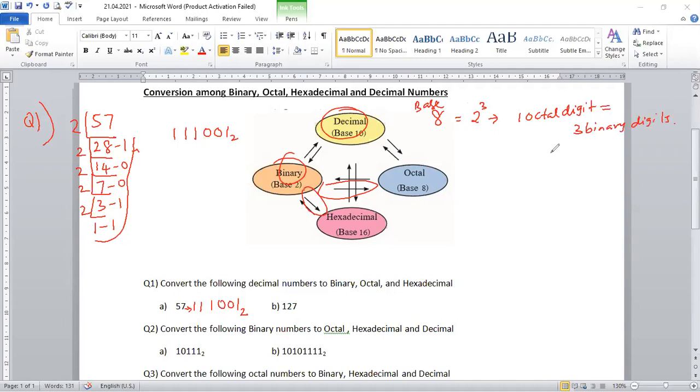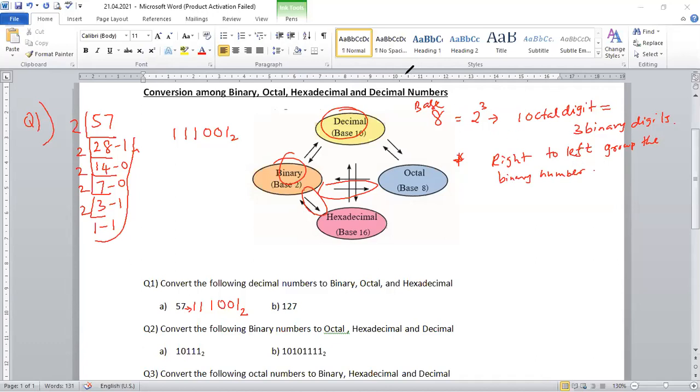We have discussed about this. Now what you are doing, from right to left, you are grouping the binary numbers.